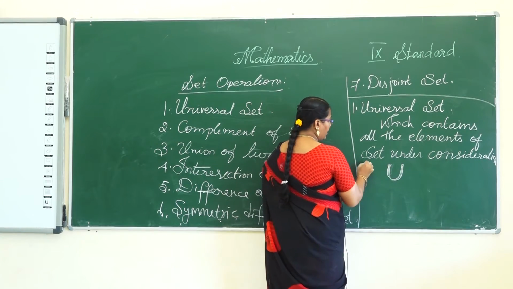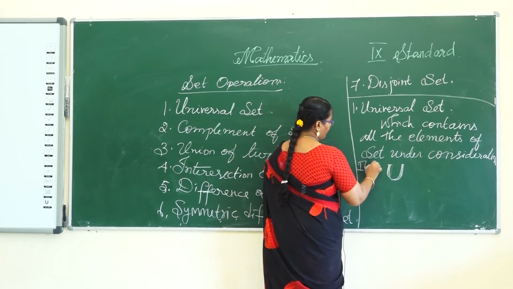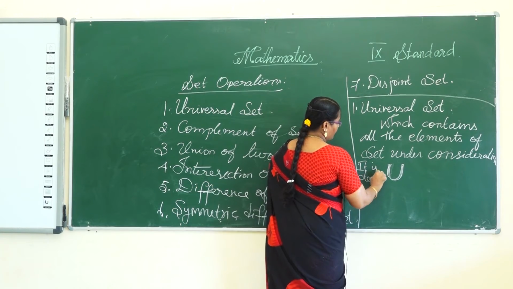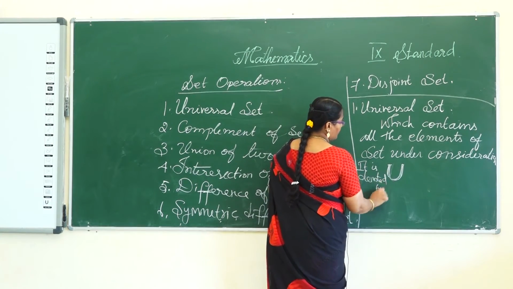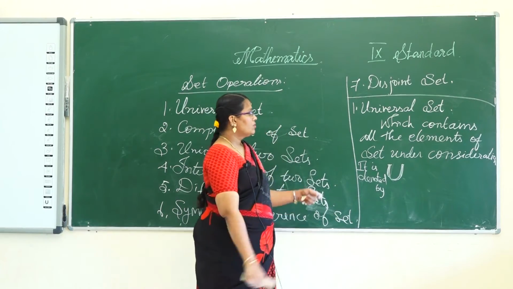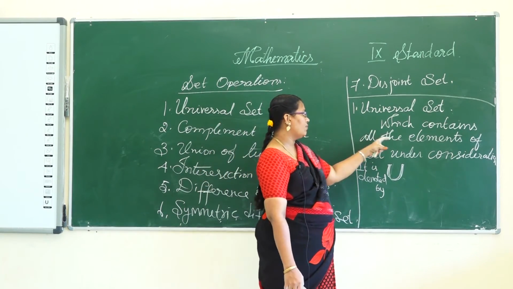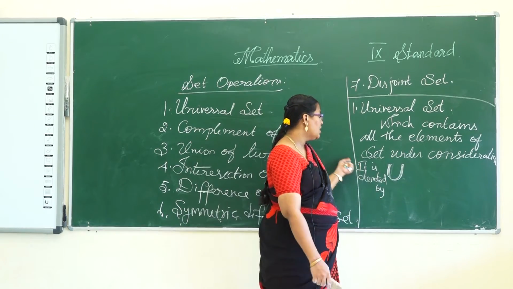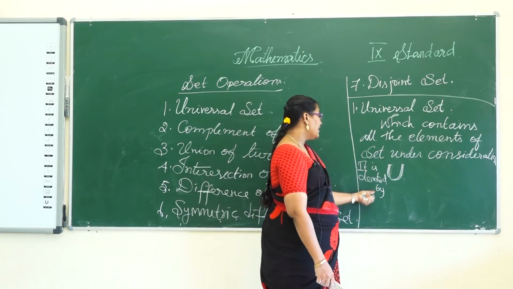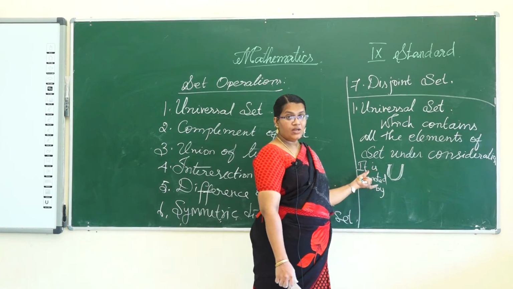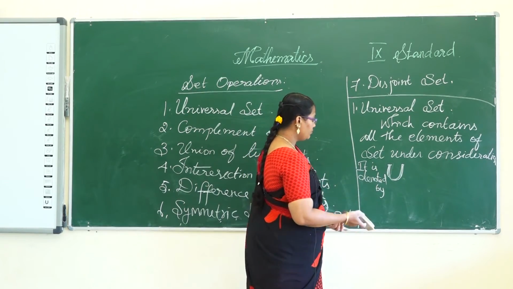It is denoted by U. So a universal set is a set which contains all the elements of a set under consideration. It is called the universal set, denoted by U.